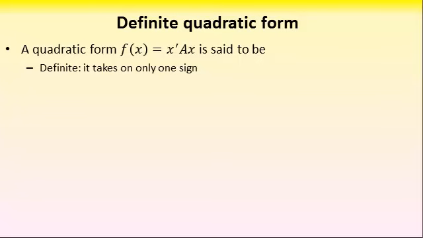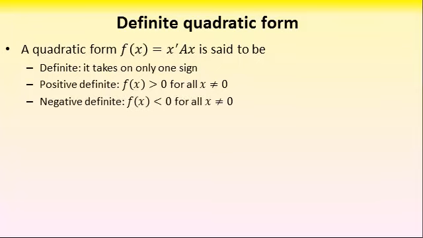In particular, we say that it's positive definite if it's always positive for all x different from 0. The right-hand 0 here is an m by 1 column vector where every element is 0. We have to include the condition that x cannot be 0 because f of 0 must be equal to 0. Similarly, we say that it's negative definite if it's always less than 0 for all non-zero x.